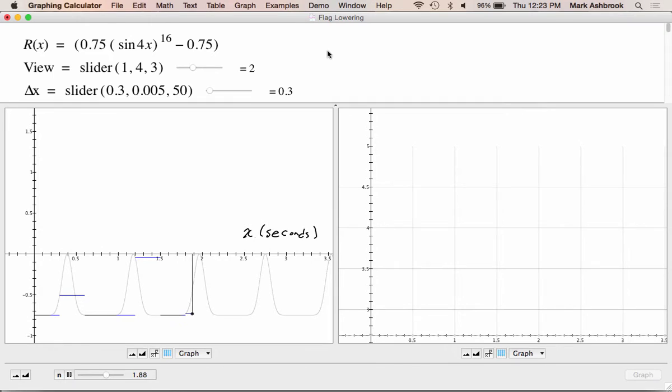Can you see the actual one still? Barely? Okay, so with delta x of 0.3, how does this do at recreating the original true rate function? Is it a good reproduction of it, or not so great?